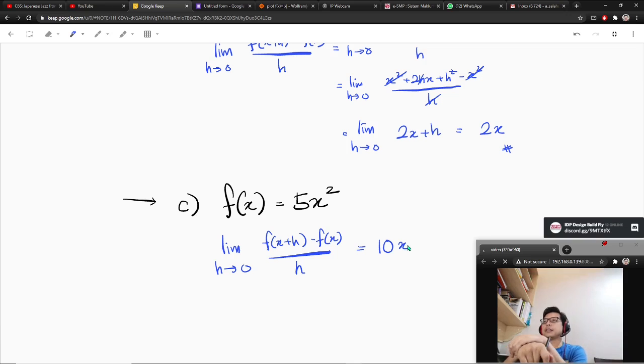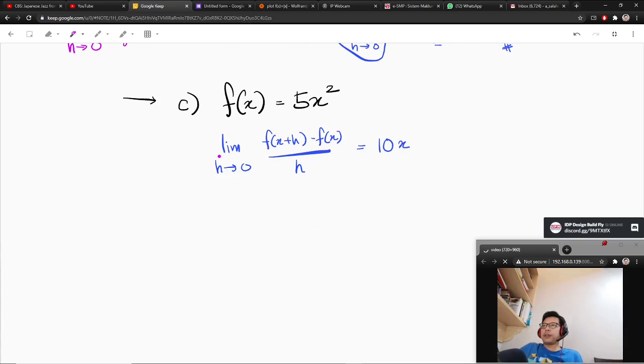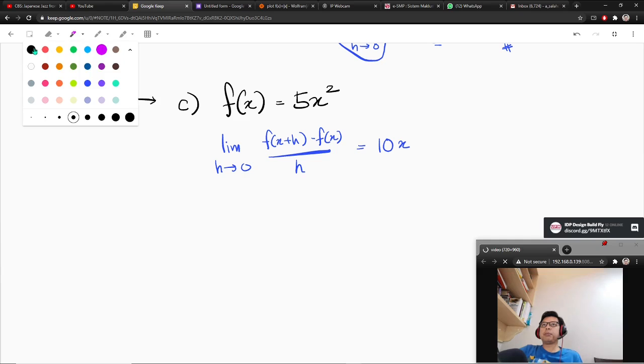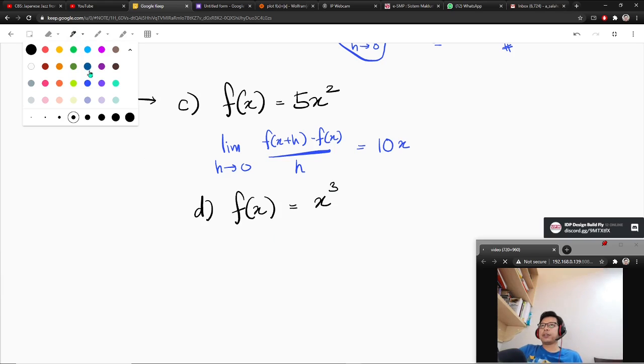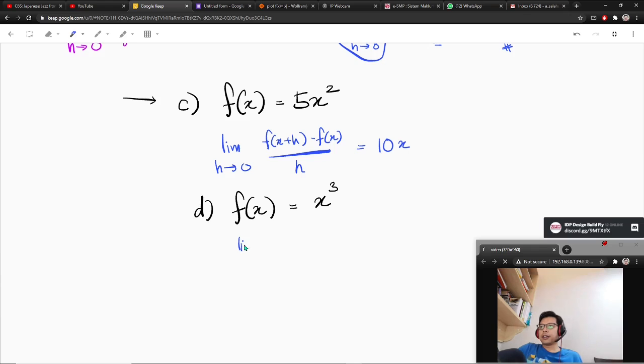If you get that, you're right. If you got that, then let's try something a bit harder: a cube function, x cubed. I'm just going to give you the answer here. This will be the answer.